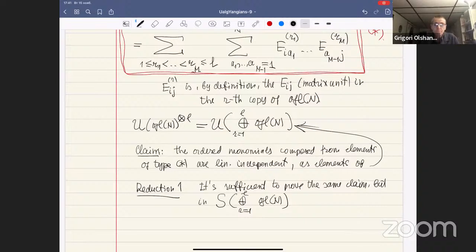And now we don't care about the order, because we arrive now at a commutative algebra, and the order does not matter.